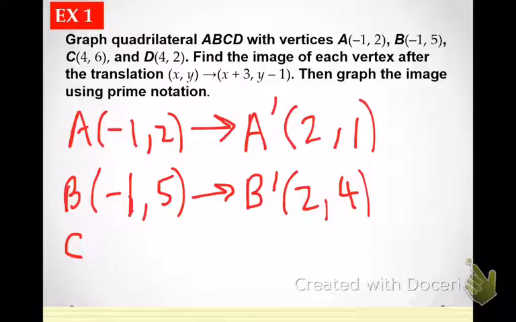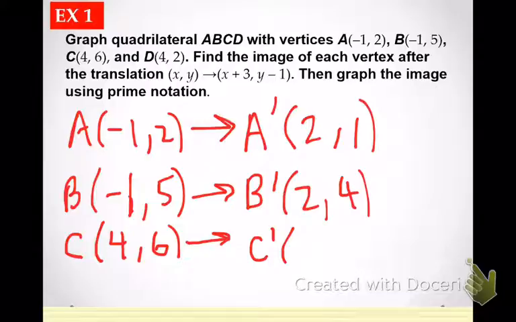C is the point (4, 6), and C prime is 4 plus 3 is 7, and 6 minus 1 is 5. That's prime notation.